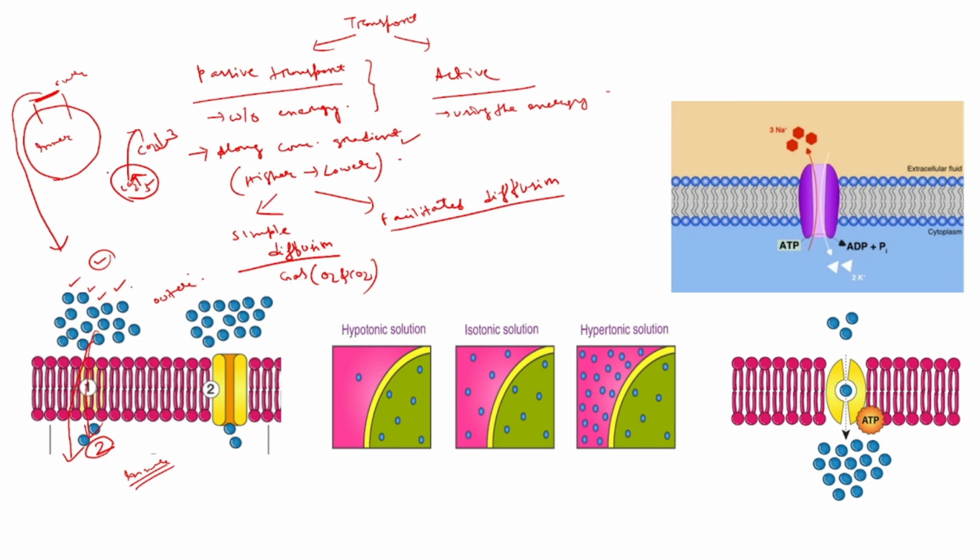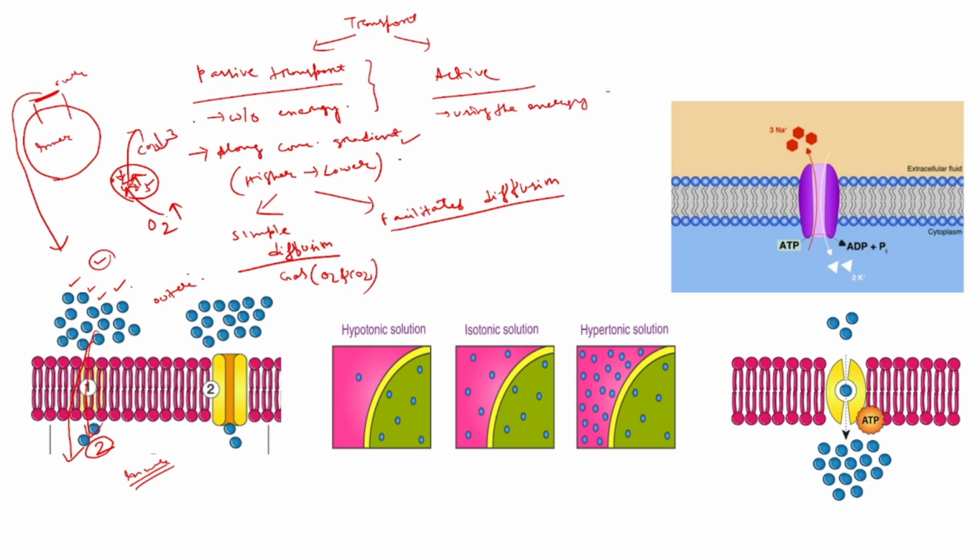Let us suppose inside the oxygen is present in lower concentration and outside the oxygen is present in higher concentration. Now the oxygen comes from the outer to the inner. That means the movement is always from the higher to the lower concentration.